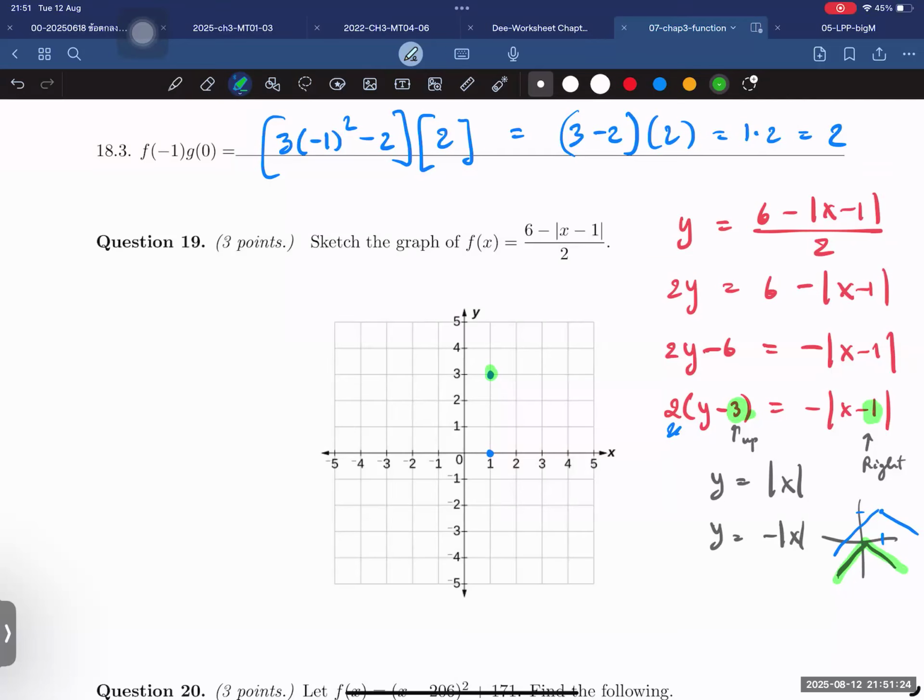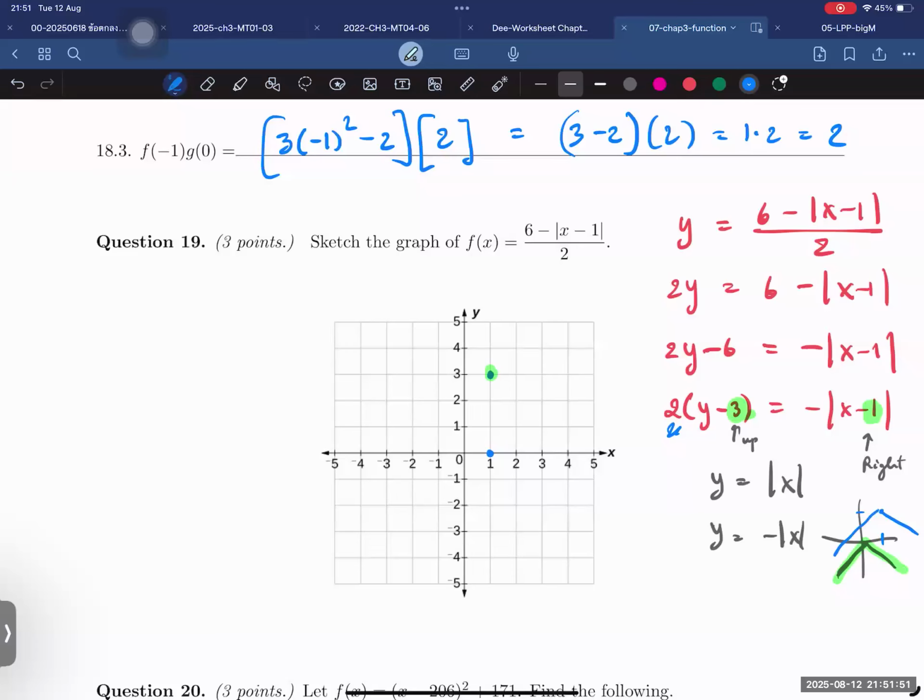And you can easily pick points by choosing x. When x is 0, what is the y value? That's how we draw or sketch the graph.